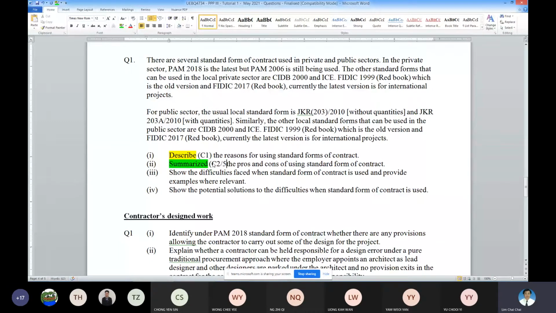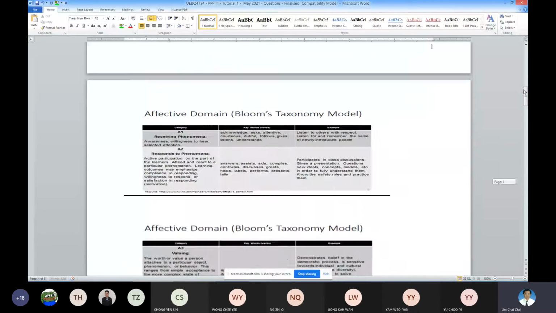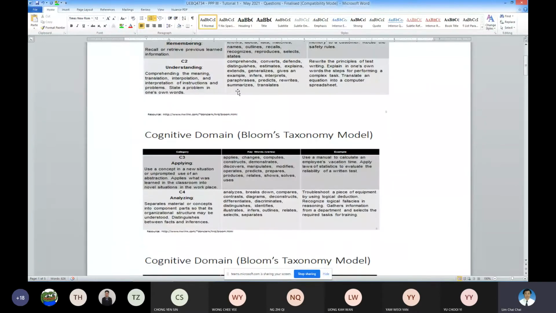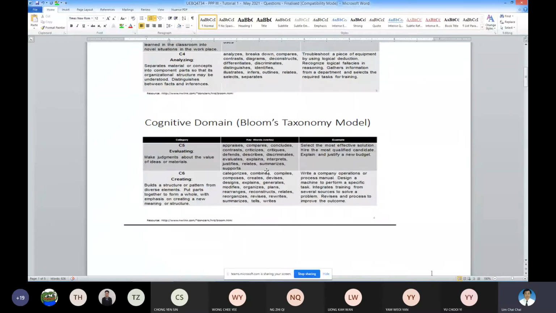You see the word summarize used in C2, then C3, C4 you don't have summarize, then C5 summarize, and then summarize here in C6. So C2, 5, 6. So now you may ask, how do I identify whether it's a C2, 5 or C6 level I'm asked to answer?